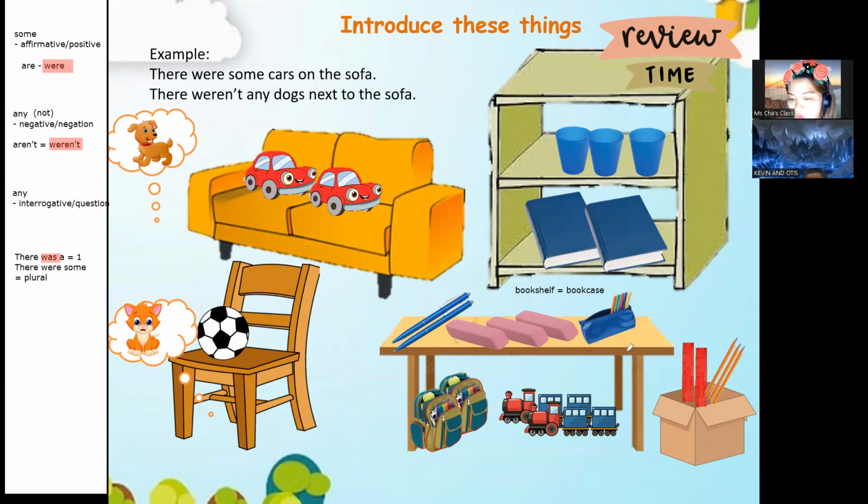What are you going to use? There was or there were? There was. Make a sentence. There was a pencil case on the table. Roy, how about this one?